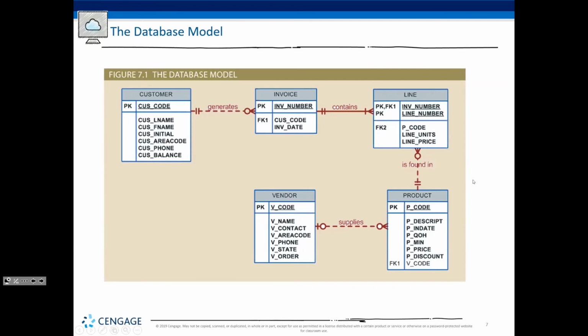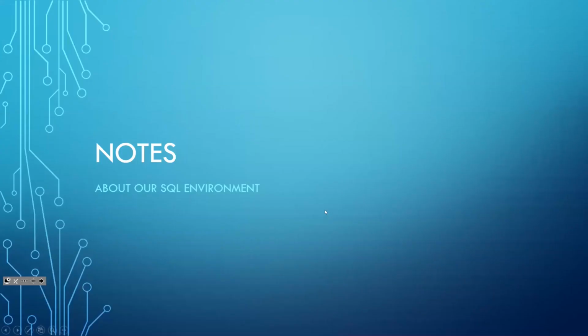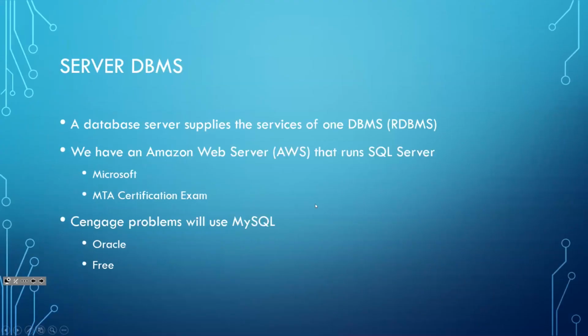So let's go out and look at our environment and see what we have. We'll jump around a little bit. So for us, we actually have some stuff outside of our Cengage environment. So we're going to decide how to use our different pieces.